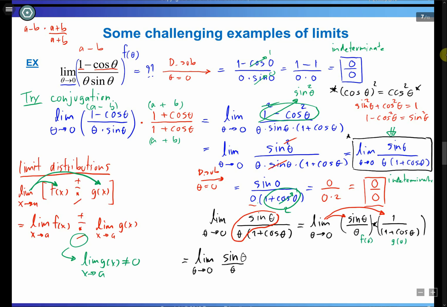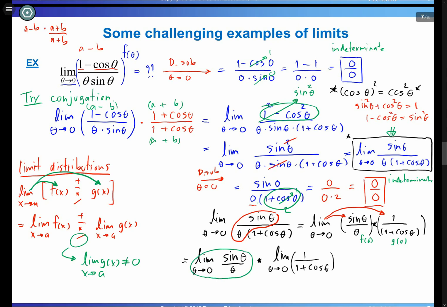Now we keep the multiplication with the limit of the second subfunction, which is 1 over 1 plus cosine theta when theta approaches 0. From the last example, we know that the first one is equal to 1. We did that.